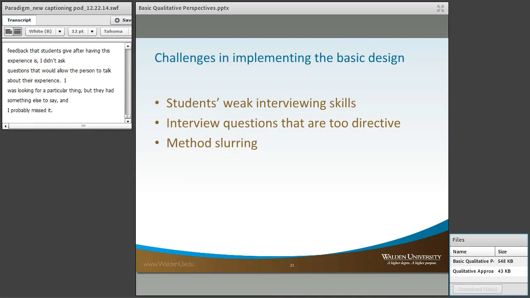That my questions were too narrow. So getting experience in developing and reading other basic qualitative design, reading books about interviewing and developing interview questions is really critical to doing good research. And this is true of qualitative or quantitative. It's all about the data, ultimately. If you don't get good, rich data, there's nothing to analyze.